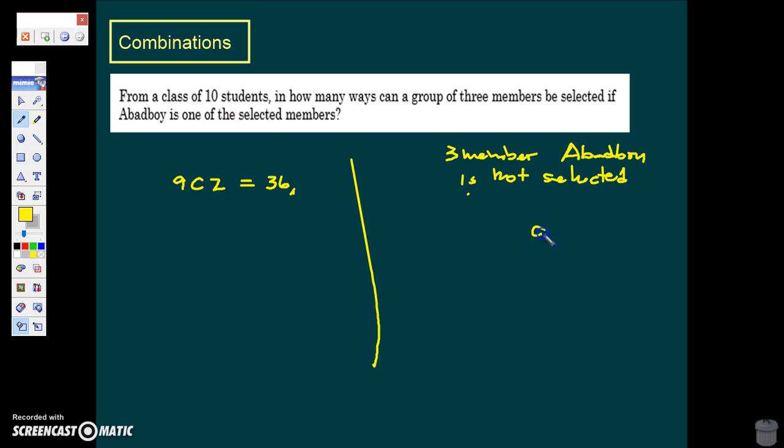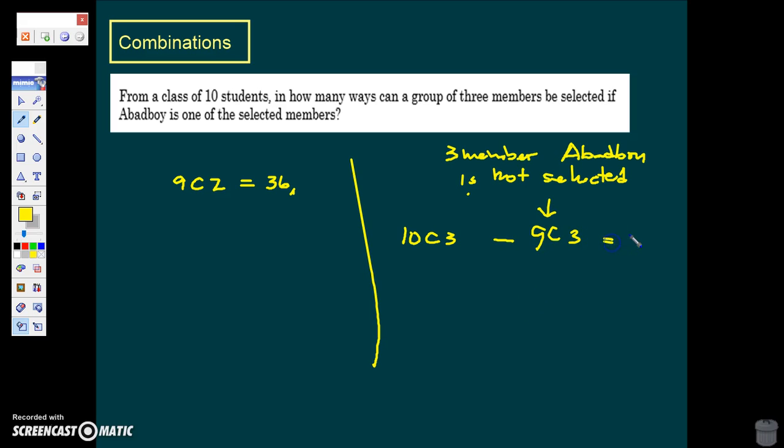So it's simply 9C3. And then to answer the problem that a bad boy is one of them, we subtract this number of ways a bad boy is not one of them from the totality, which is 10C3, choosing 3 out of the 10, and that includes a bad boy in the choices. So you have 10C3 minus 9C3. And you see the answer is the same.